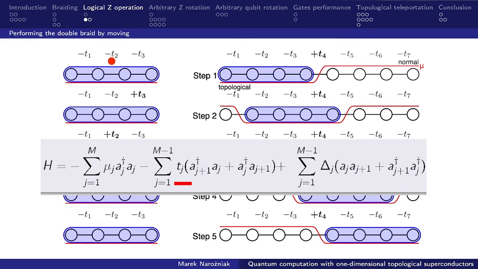Here you see the coupling strengths, so they're all minus T. So that's the parameters of the Kitaev chain. Yes, exactly. The blue region is the topological regime, and the red line is the on-site potential value. So it can be either low or high. And when it's high, we assume it's above the threshold of 2T.